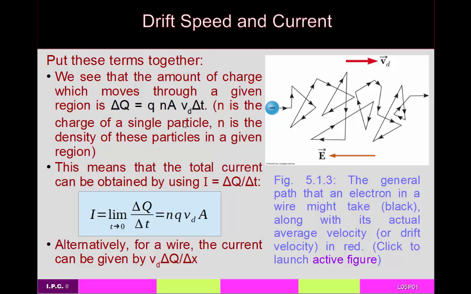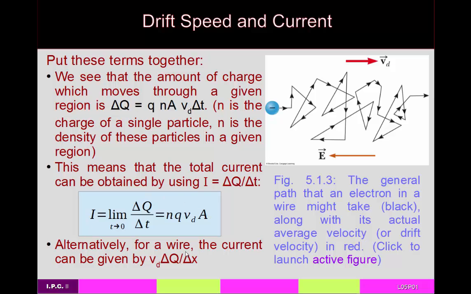So delta q over delta t is current, and if you take the limit as delta t approaches 0 of this, you get the instantaneous current. So the instantaneous current, a macroscopic quantity, can be related to the drift velocity and the charge of the particles through this equation: I equals n q Vd A.